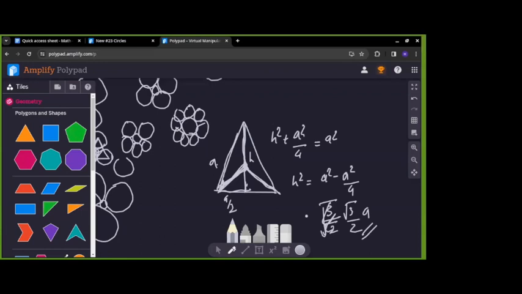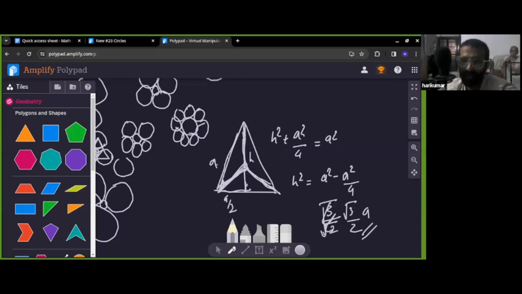Now, if you happen to know the property of the centroid, how it divides the median, then you will know the length of that segment. Is this 3:2 or something?